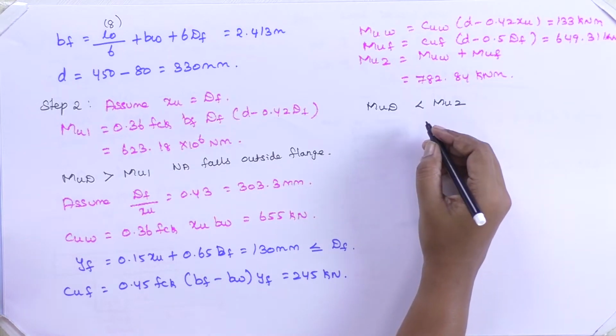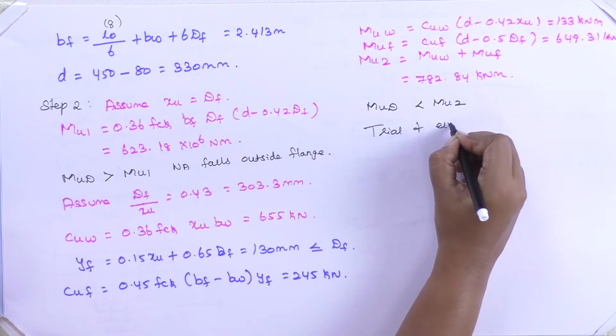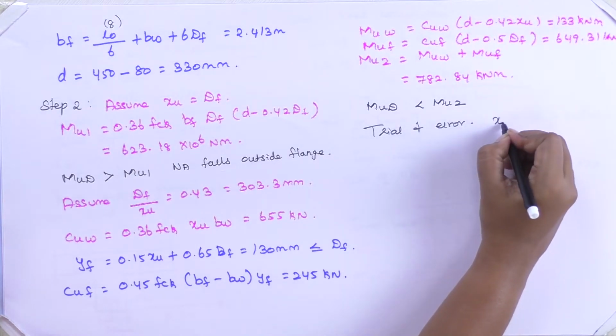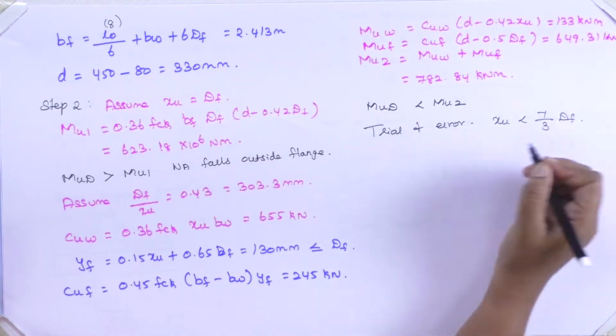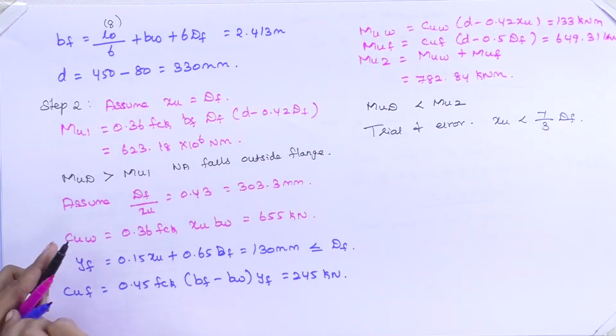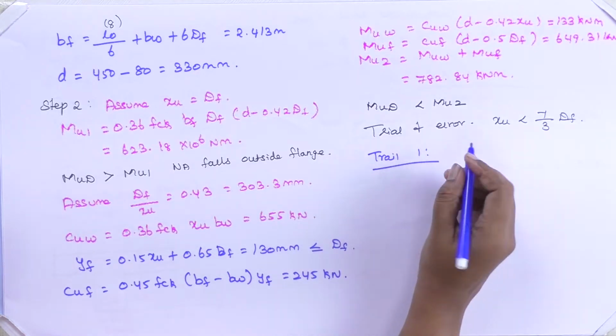So I'll go for trial and error. XU is less than 7/3 of DF. So I'll go for trial 1 value.